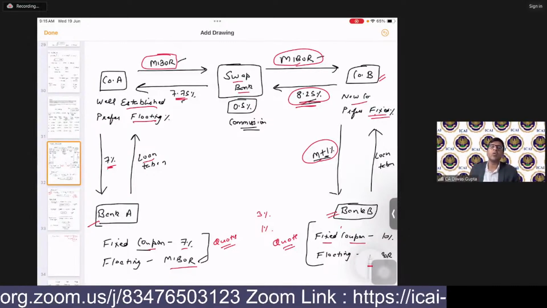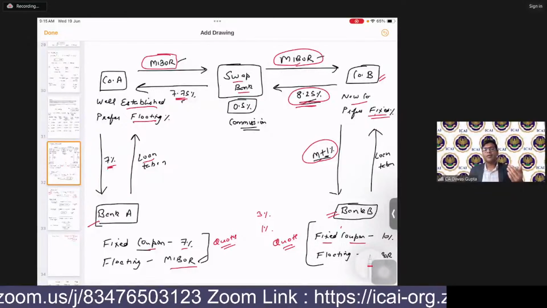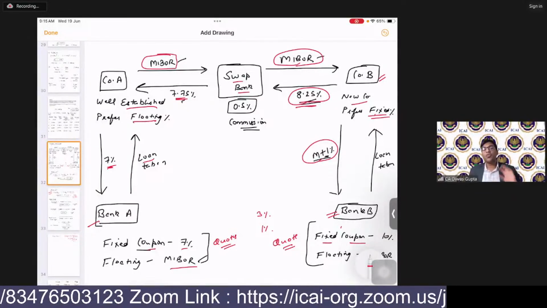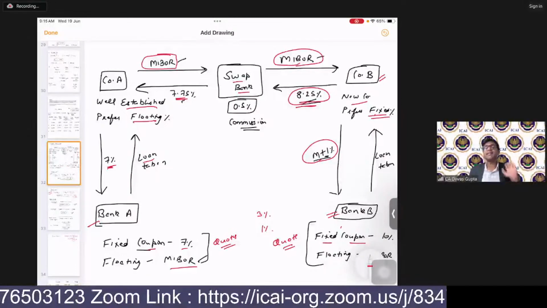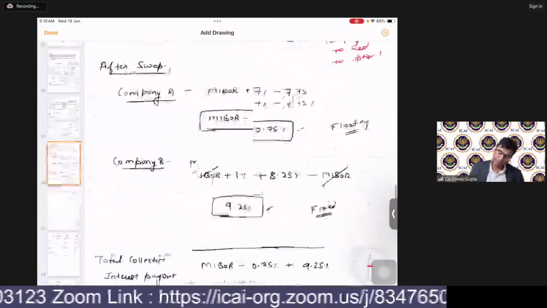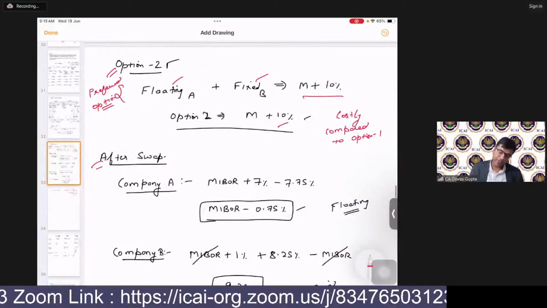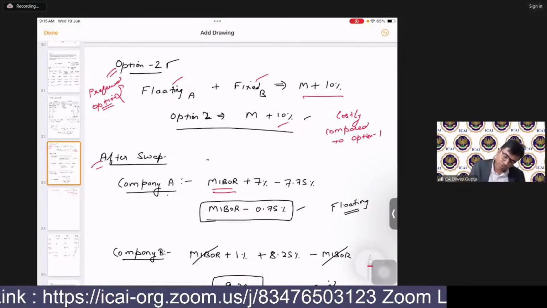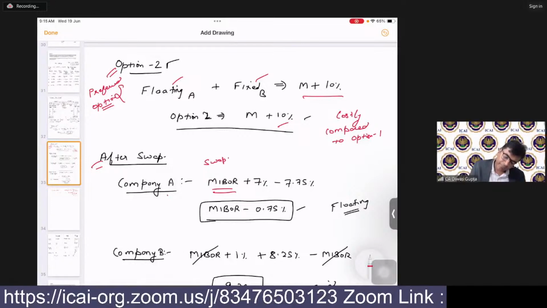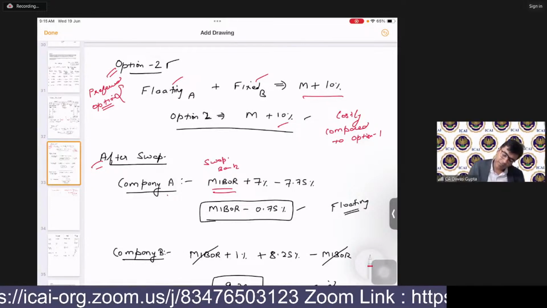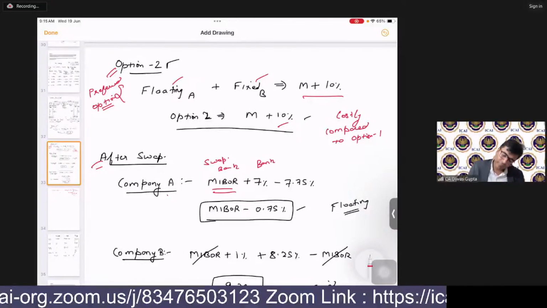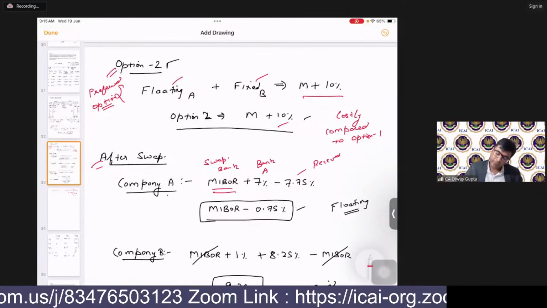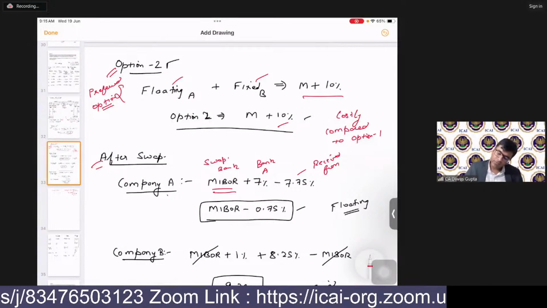For company A now, it is paying MIBOR, paying 7% and receiving 7.75. So the overall cost of borrowing becomes MIBOR minus 0.75. See, after swap, company A, MIBOR is paid to swap bank. This is paid to bank A and this is received from swap bank.